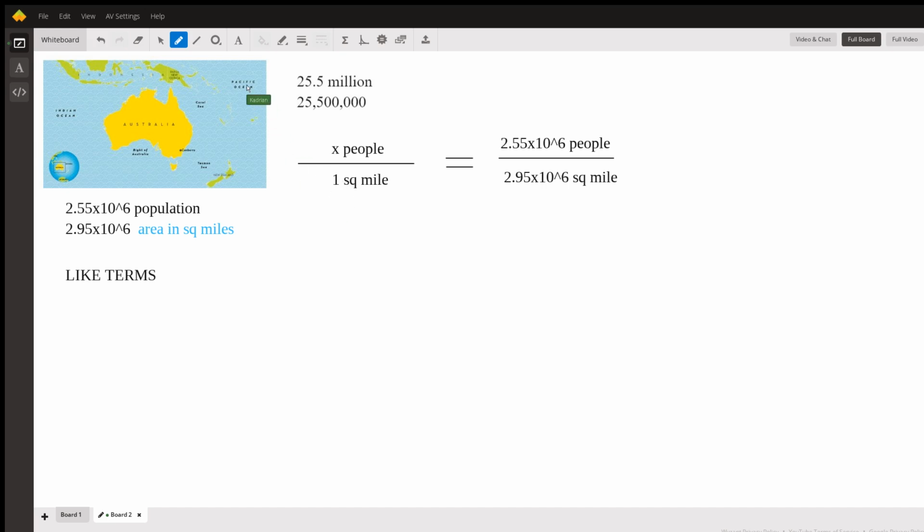This is the same thing as x is equal to 2.55 times 10 to the 6, divided by, I'll use the line to do the divided by because it's a lot easier to look at, 2.95 times 10 to the 6 square miles.